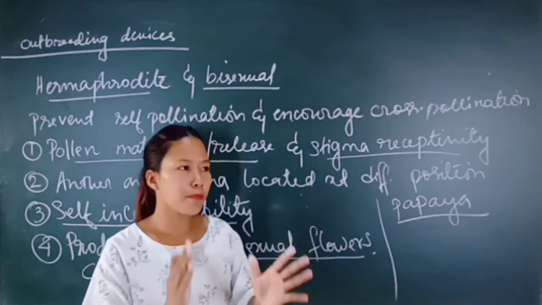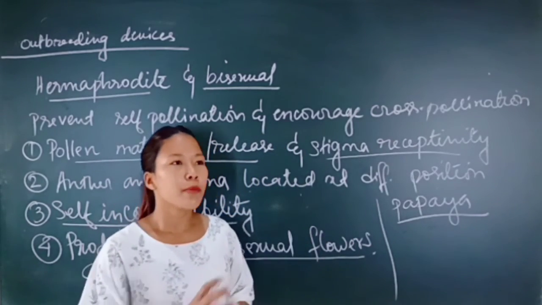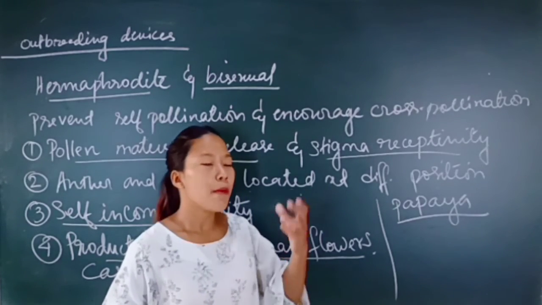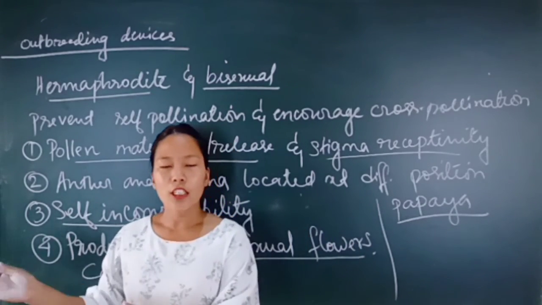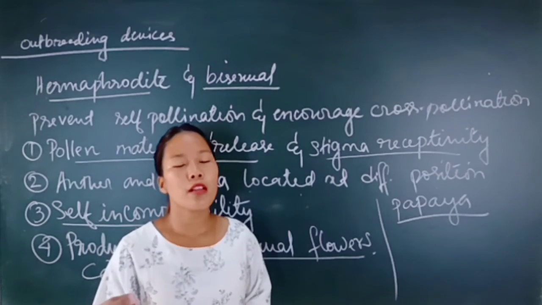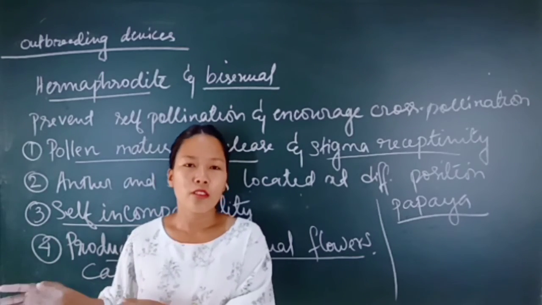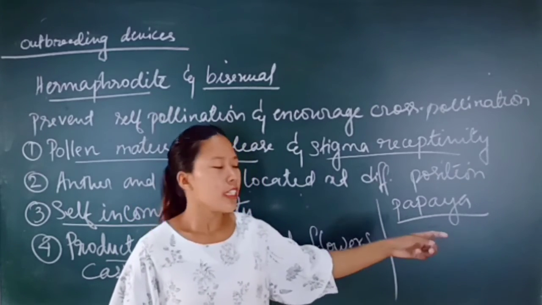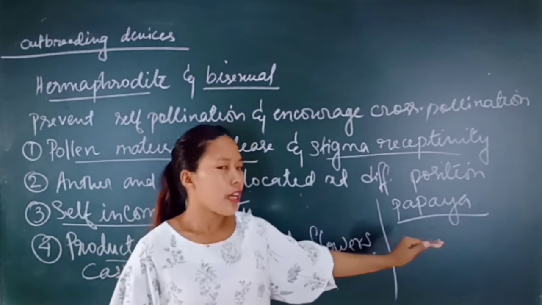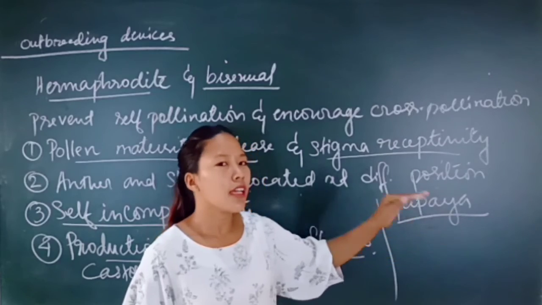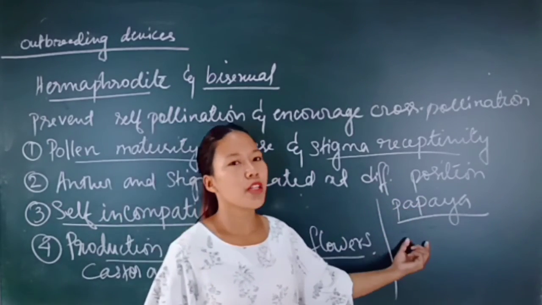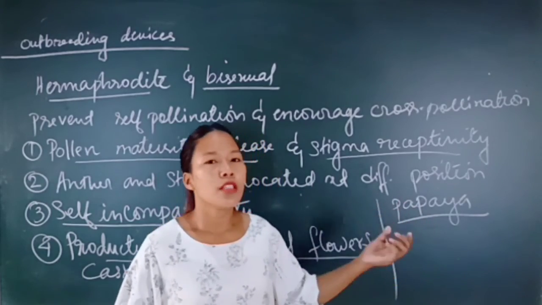In a single papaya tree, there will be only male flowers, so that plant will be a male plant, and in the other plant there will be only female parts, so the entire plant will be a female plant. So in papaya, it is guaranteed that both autogamy and geitonogamy will be prevented, and only cross-pollination, that is xenogamy, will take place.